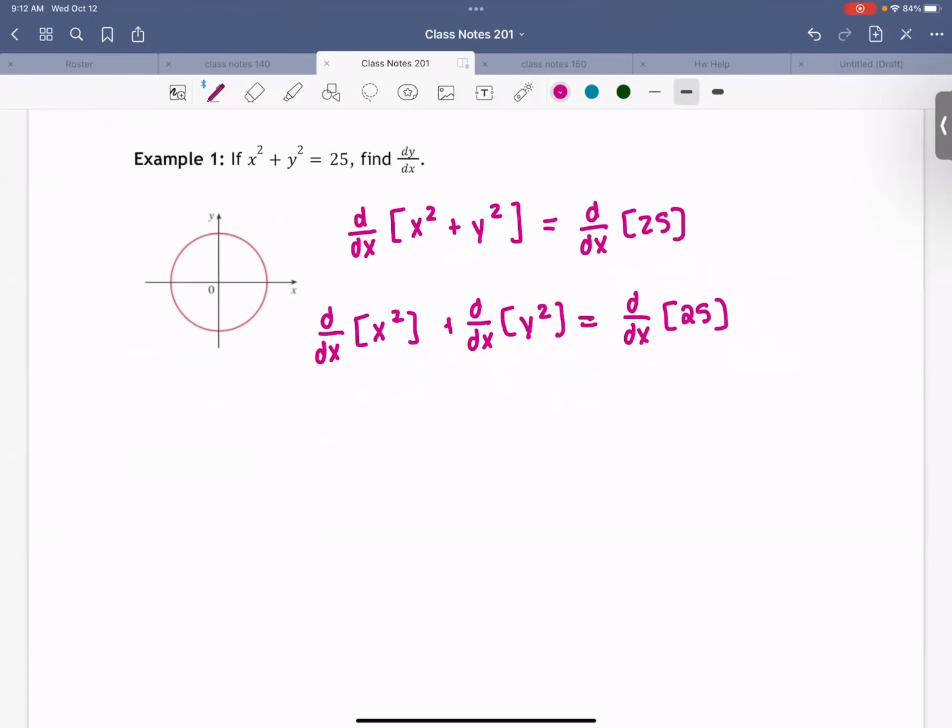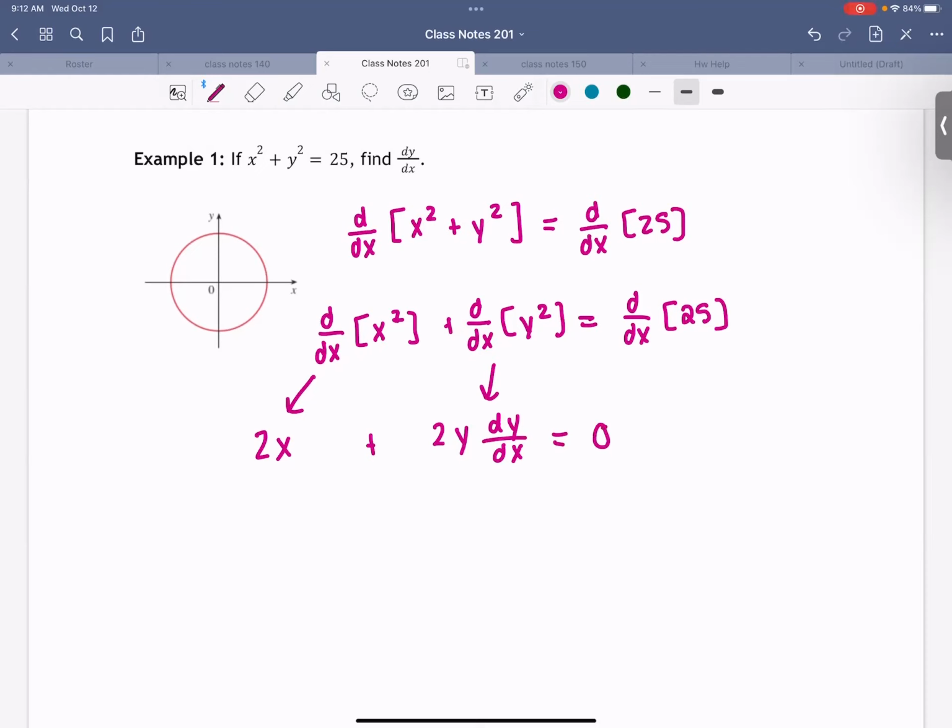Easy question. What's the derivative of x squared? 2x. What's the derivative of y squared with respect to x? 2y prime, or 2y dy/dx. And what's the derivative of 25? 0. Good. The derivative of a number is just 0.